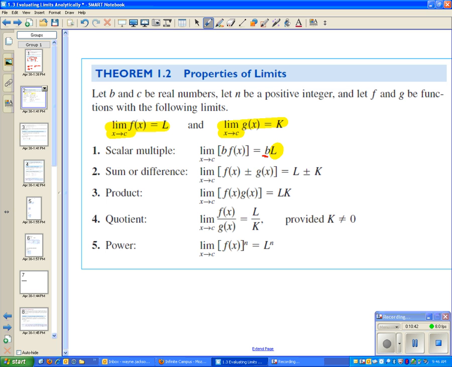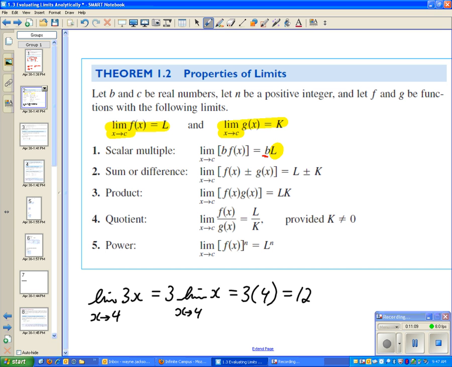Okay? So for instance, if I'm trying to find the limit of 3x as x approaches 4, I can actually factor out that constant of 3 and make that 3 times the limit as x approaches 4 of x, which is 3 times 4, and I get 12.